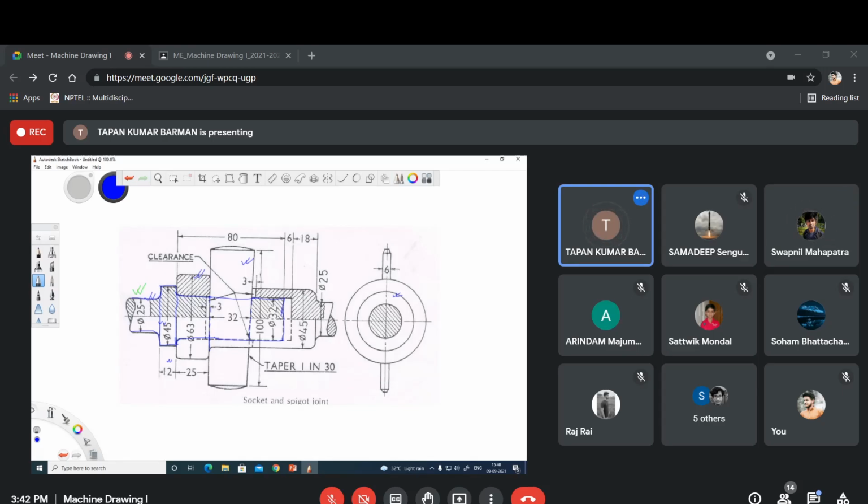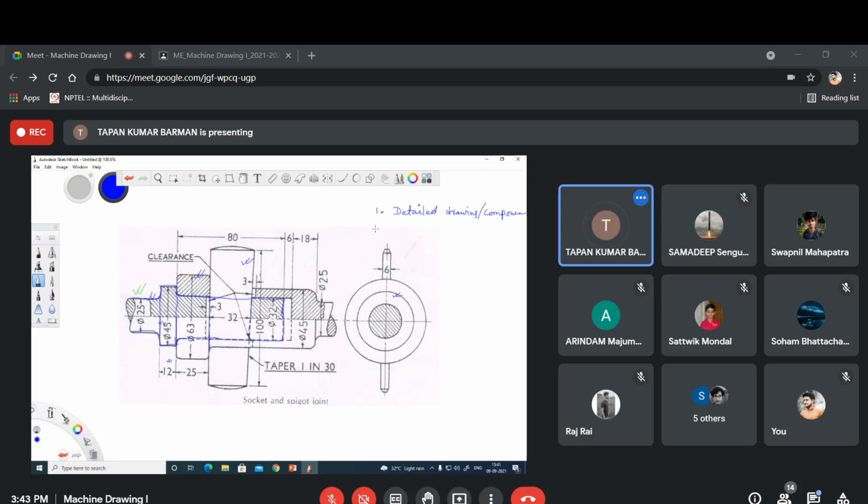A3 sheet, right? At least you have to use A3 sheet. If you use A2 sheet, I have no problem. Okay, sir. But A3 sheet is okay. So you have to draw individual component drawing. That is why we call it detailed drawing or component drawing.